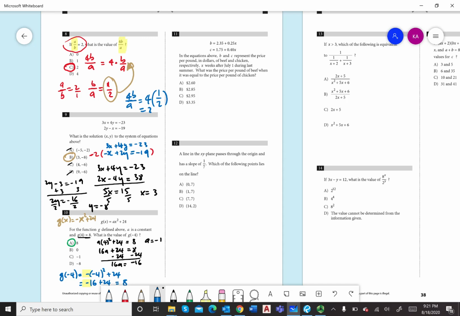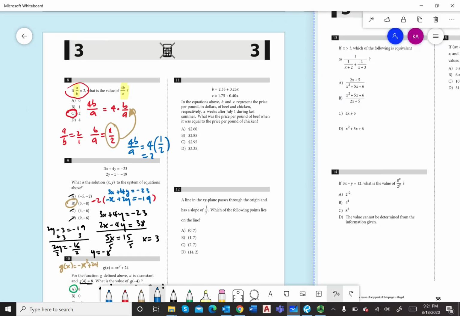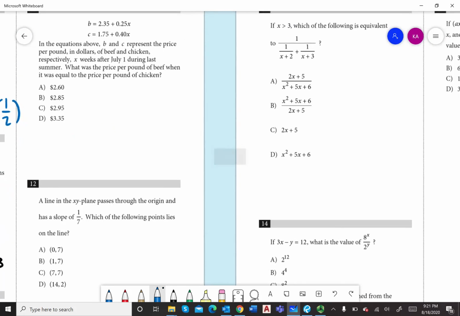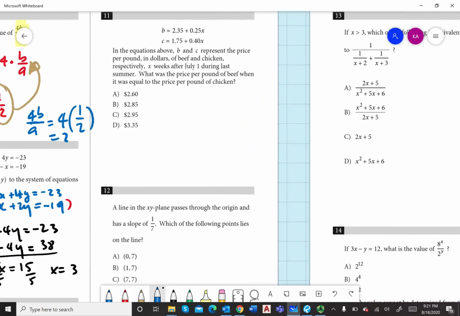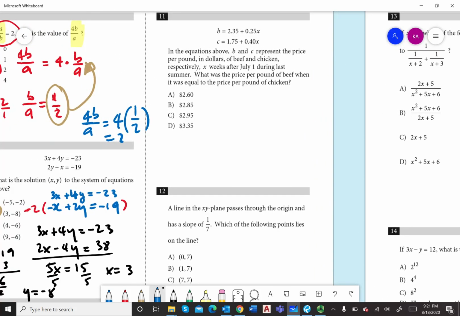Now it says, what was the price per pound of beef when it was equal to the price per pound of chicken? This is where it gets interesting. Again, the problem tells me what to do. So I'm just going to make them equal.